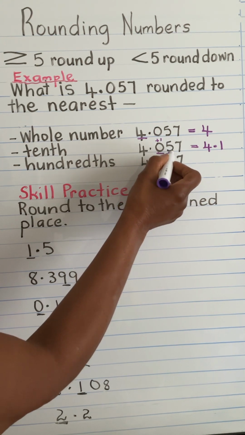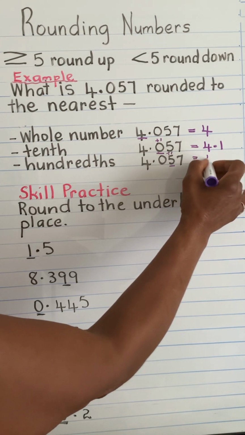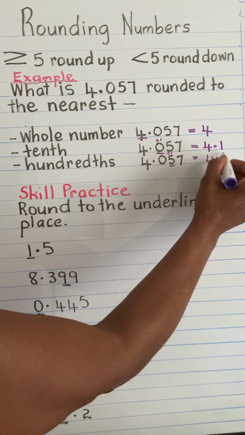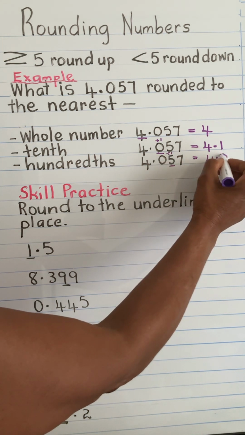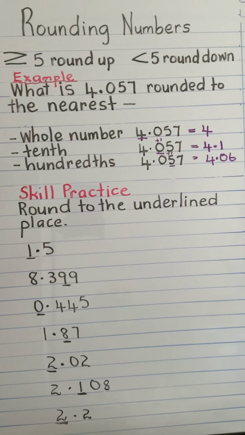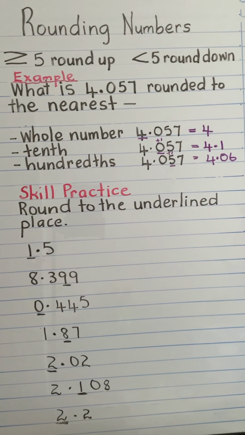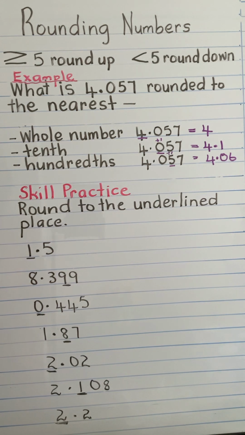So it is equal to 4.0, and we add 1 to 5 and we get 6. So it's equal to 4.06. So 4.057 to the nearest hundredth is equal to 4.06.